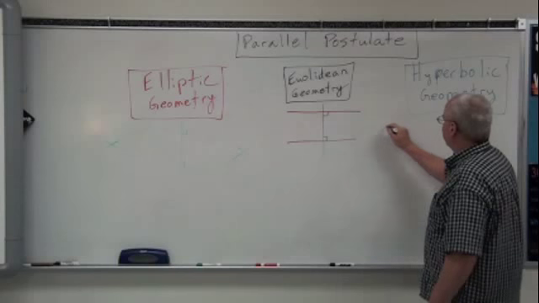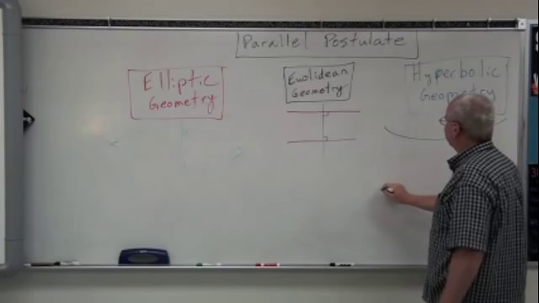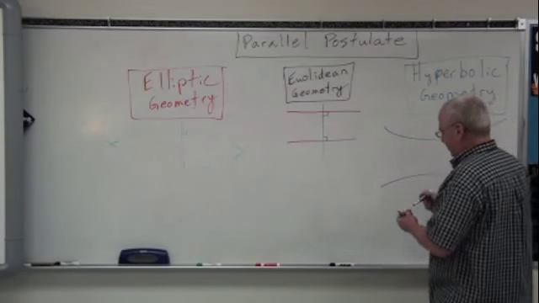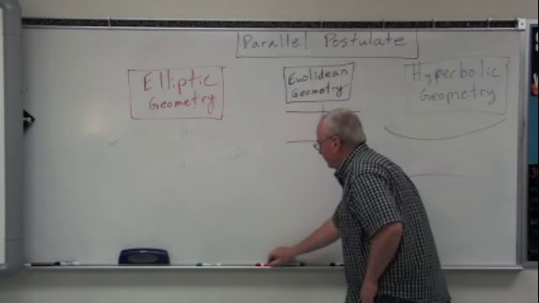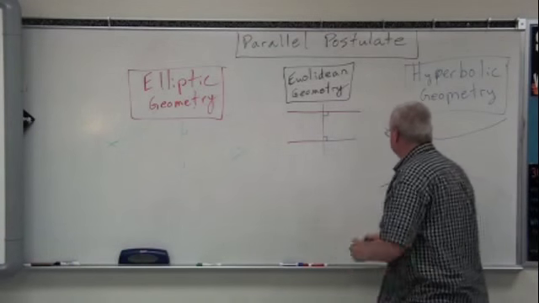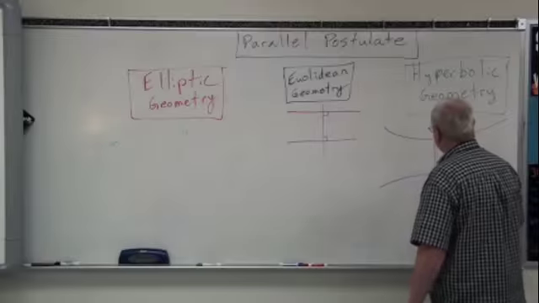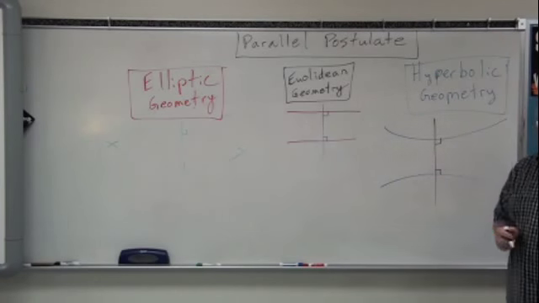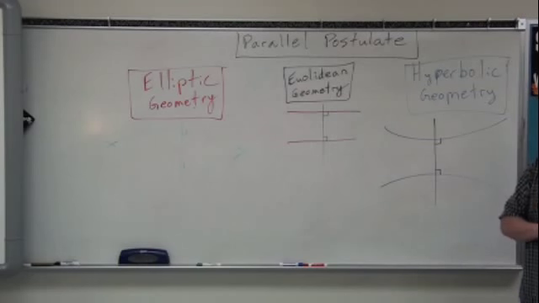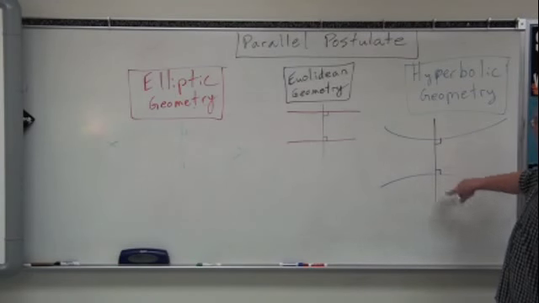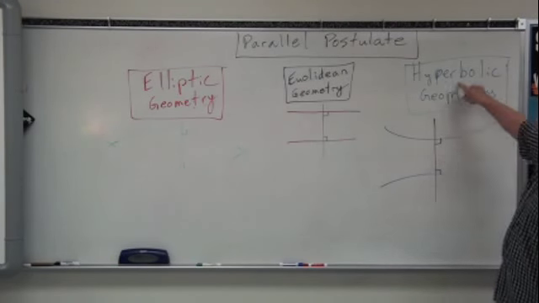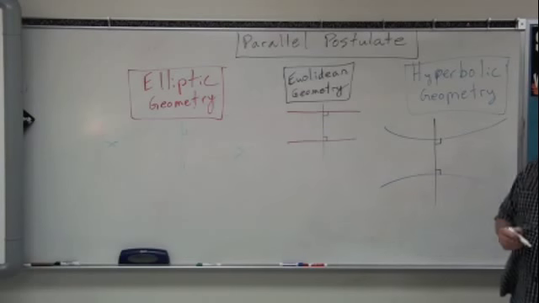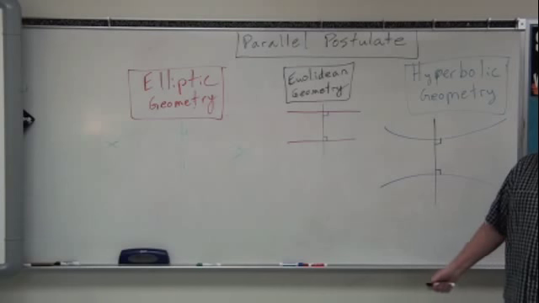So basically, we have two lines that look like this when we intersect them with a third line in such a way that at the point of intersection of both of those lines, the third line is perpendicular or creates right angles, then basically hyperbolic geometry says those lines will never meet and they never touch.